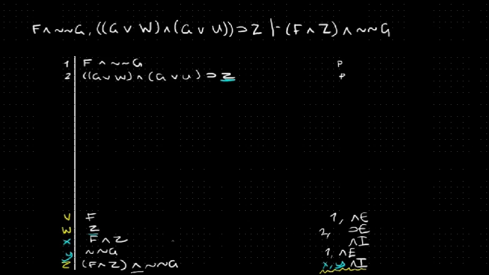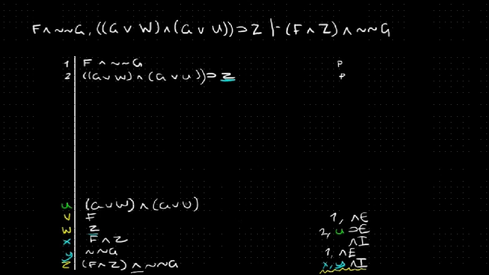Now, for our conditional elimination, we're going to need another line, so line u, on which we'll have g or w and g or u. Sorry, I should have another bracket around it. Don't need that bracket there.